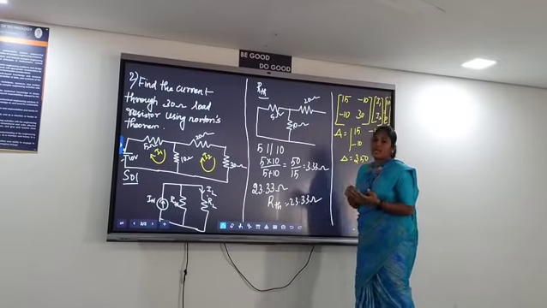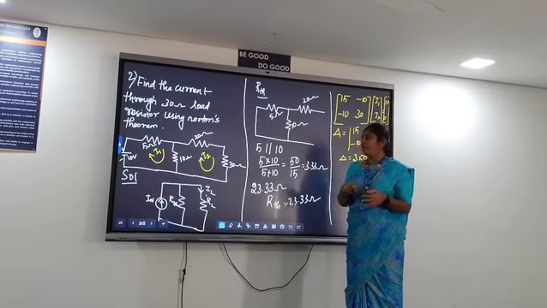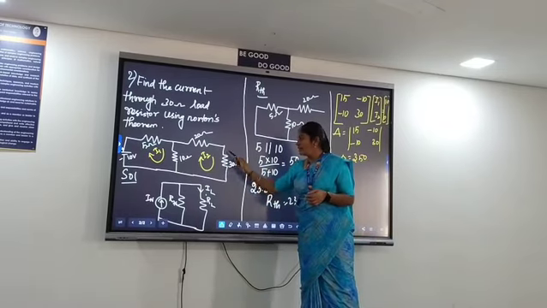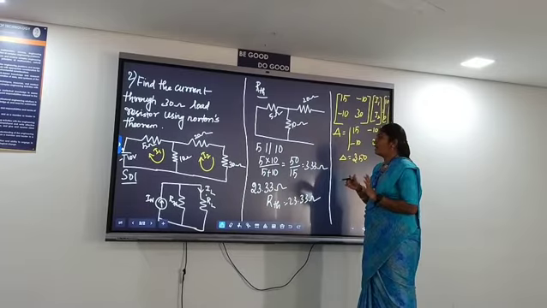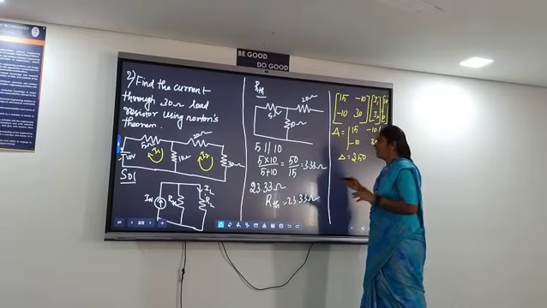Now we need del I1 and del I2, but here we are concentrating mostly on the I2 value, so there is no need to find I1.